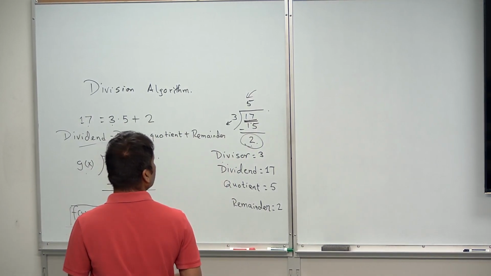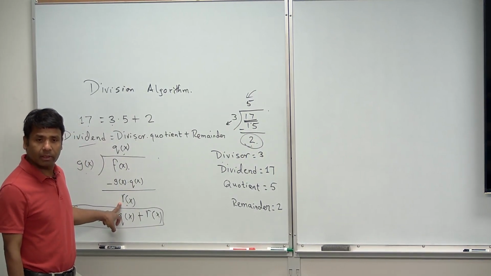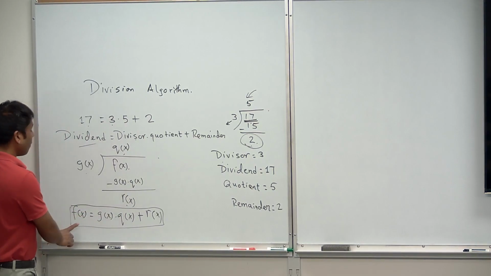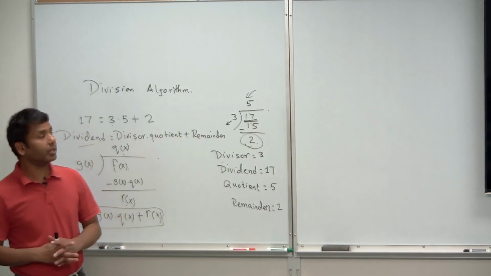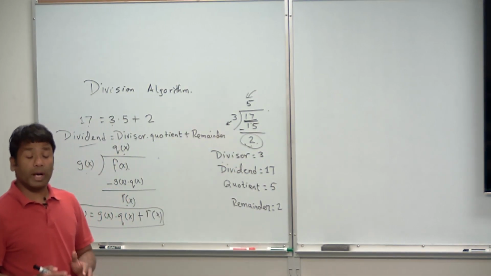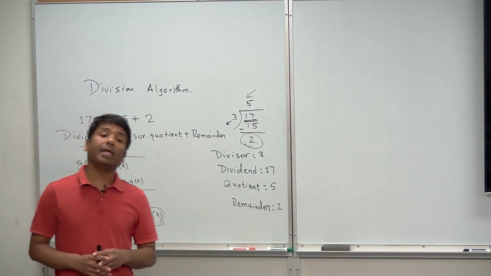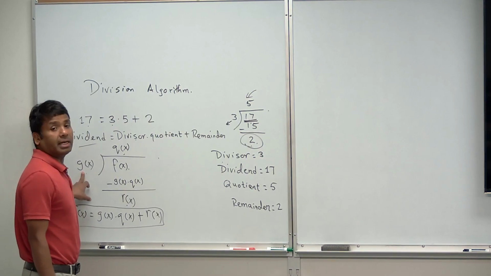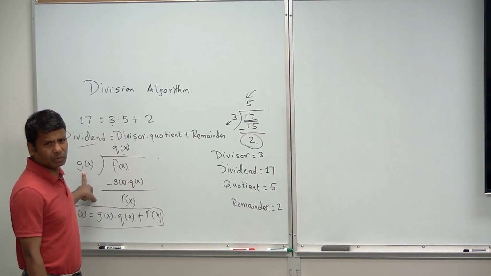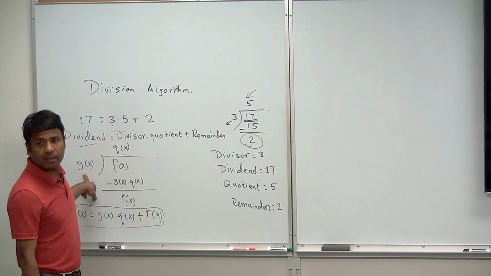Then there exist unique polynomials q(x) and r(x) such that f(x) equals g(x) times q(x) plus r(x), where the remainder r(x) is either 0 or the degree of r(x) is less than the degree of g(x). That is the division algorithm.